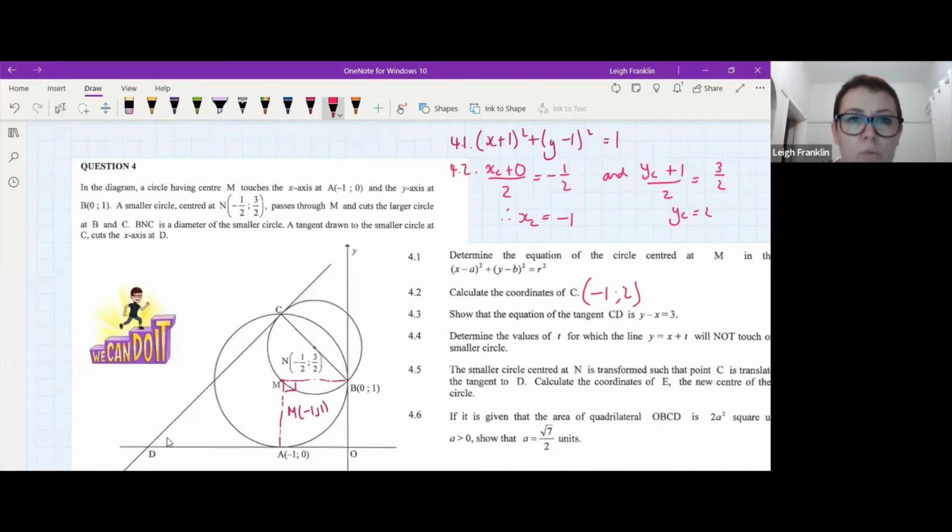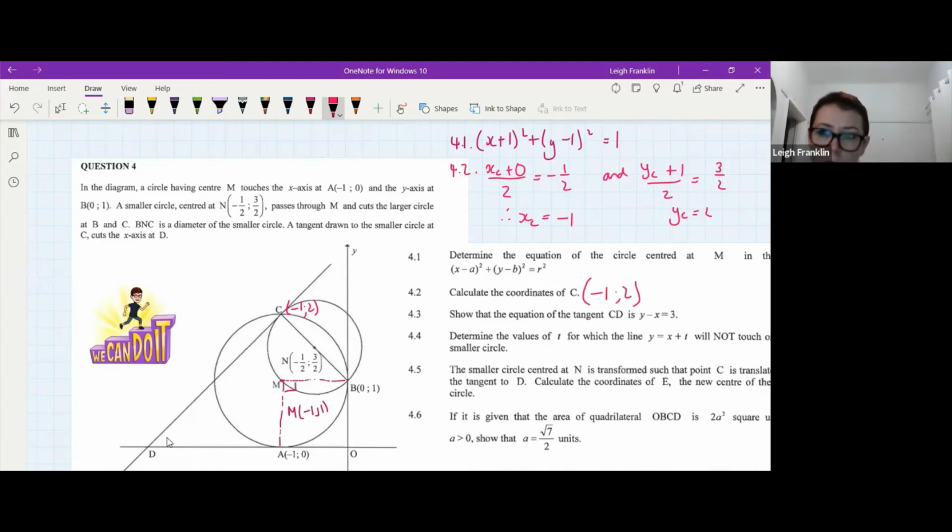So let's just think about the information that we've got. First of all, we know the coordinates of C. So they are -1 and 2, right? So if we want to work out the gradient of line CD, how do you think we would do that, Matrix? Given that CD is a tangent.